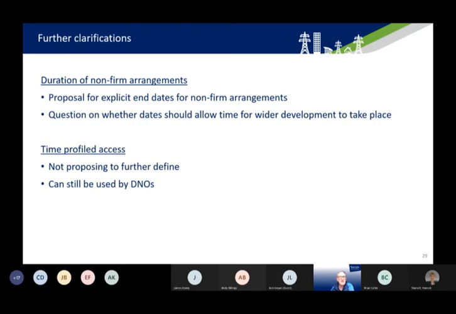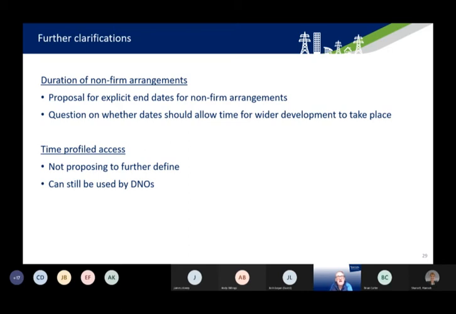Then they're also consulting on the duration of the non-firm arrangements. So this is the time frame where you're non-firm until the reinforcement's done. They're proposing explicit end dates for those, so those are clear to both parties. But one of the questions posed is the timing of that: whether it's done just taking account of the known or likely works and applications that are in, or whether it would be better overall for the development of the network if that is a little bit longer.